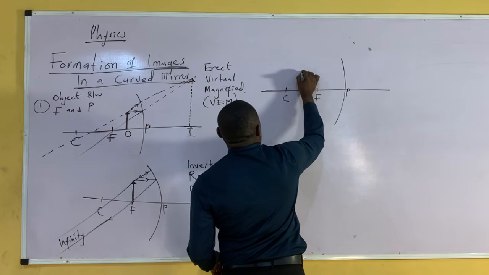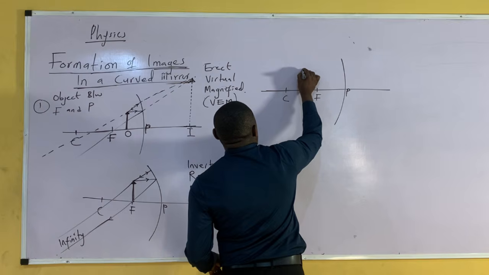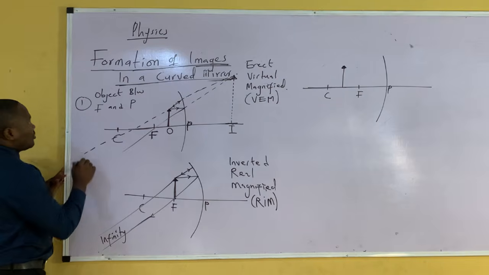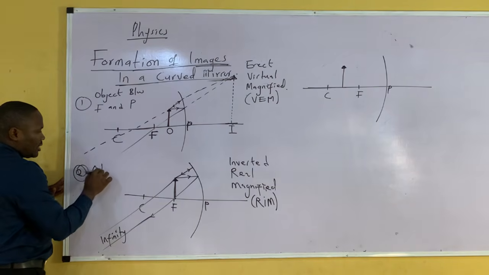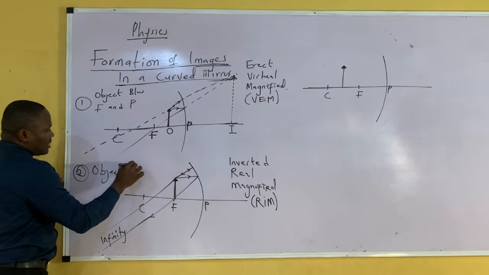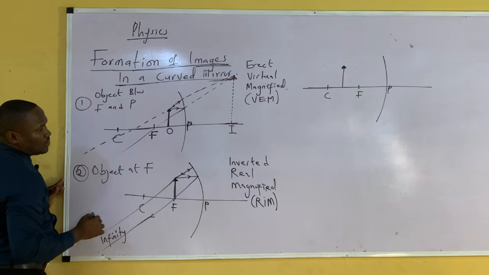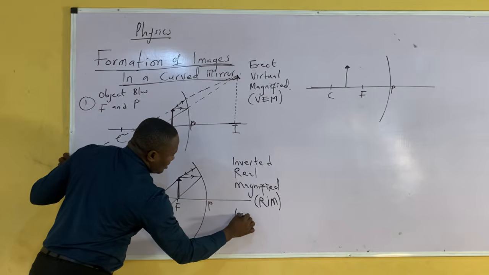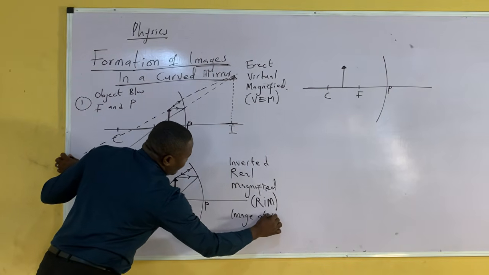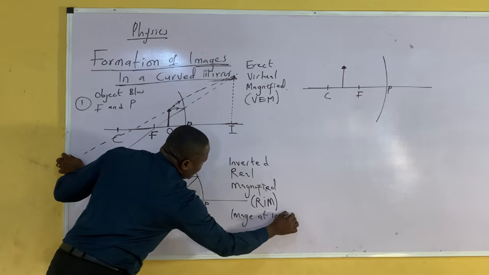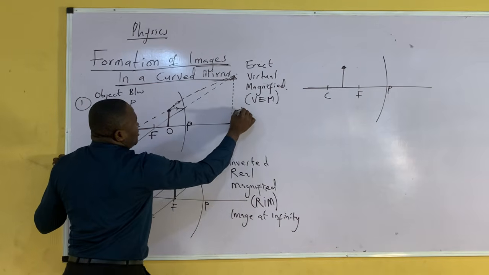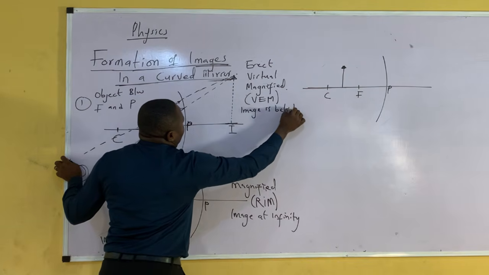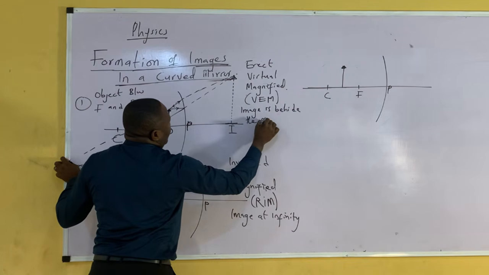Now this time the object is placed at F. Object at F, image at infinity. Take note of this, but this image is behind the mirror.